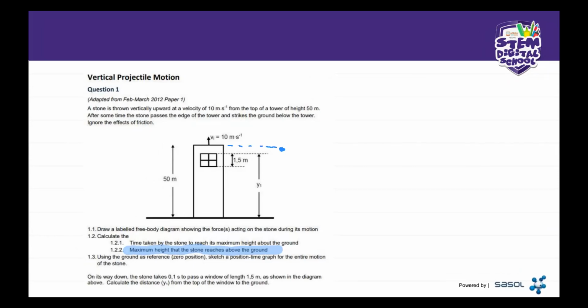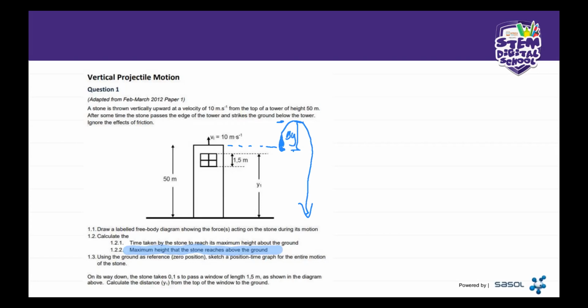If you throw it from here, it goes up and then it falls down. So what do they want to know? They want to know the maximum height the stone reaches above the ground. So they're looking for this portion here. This is going to be your change in Y. That's the portion that they're looking for.